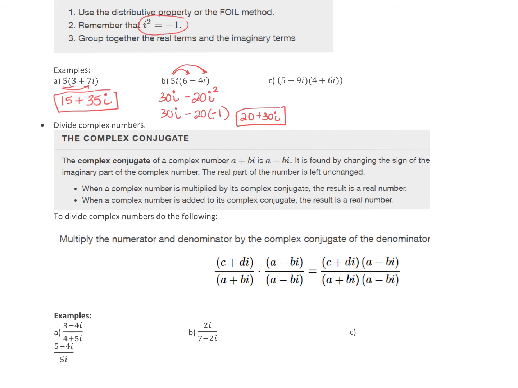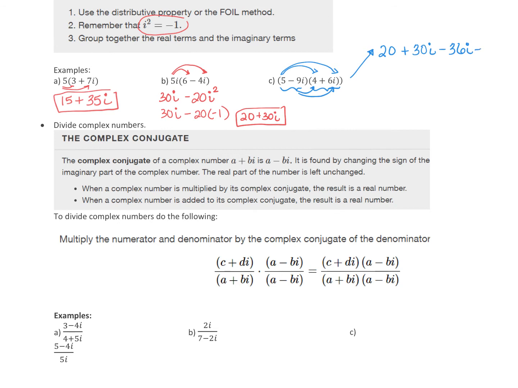This last example is a little bit more difficult because we have two binomials, but we know that when we have binomials, we're just going to FOIL. So the firsts, 5 times 4, is going to give me 20. Outsides will give me 30i. Insides, negative 36i.